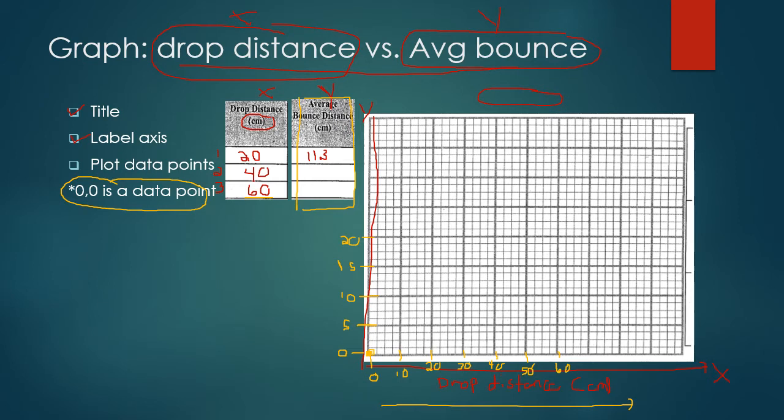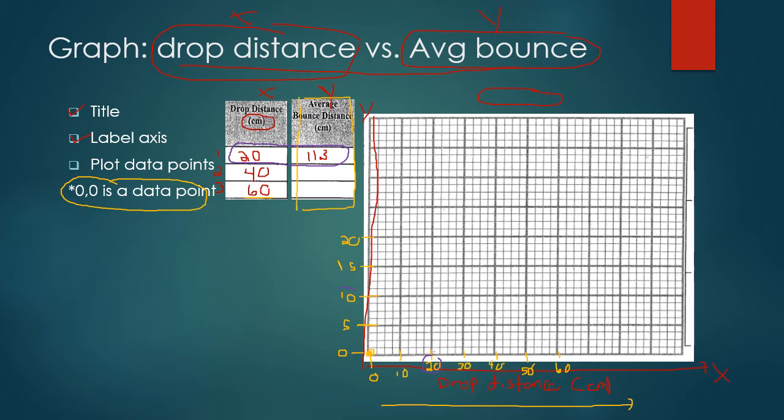So my first data point, let's do purple, is going to be 20 on the x and then 11.3 on the y. So what that means is I'm going to find 20 on the x, which is right here, and then I'm going to go up until I get to 11 on the y.